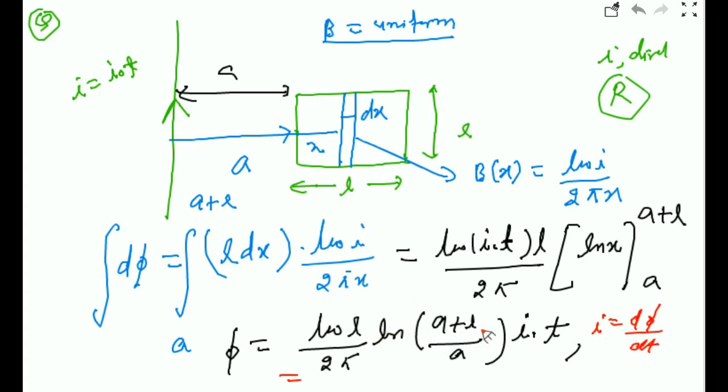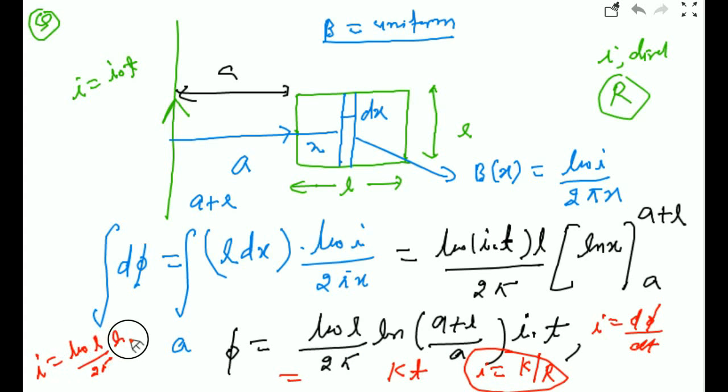The flux is exactly k into T, since all the other terms are constant. So d phi by dt will be k, and if the resistance is R, the current will be k by R. So the answer will be mu naught L by 2 pi ln of (A plus L) by A into I naught by R.